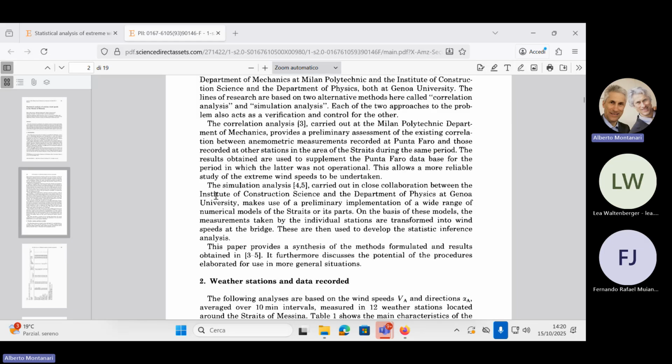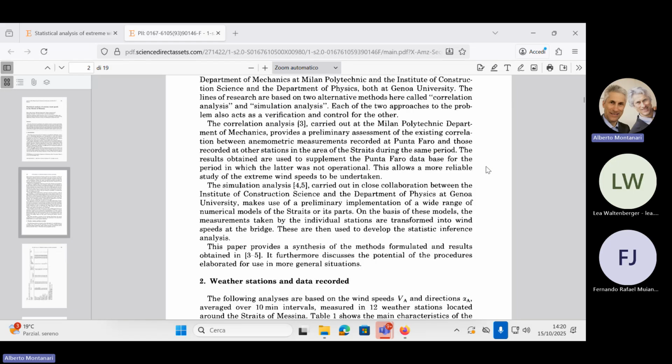They just take from other locations, or maybe there is also Punta Faro, but in any case, what they do is not to study the correlation, but to use the observations to build a model that gives directly the speed over the bridge. Of course, they have two alternatives, and they want to compare them. Okay? This paper provides a synthesis of the methods.